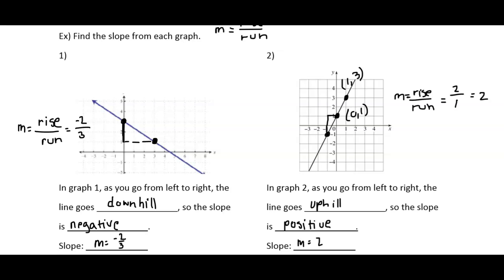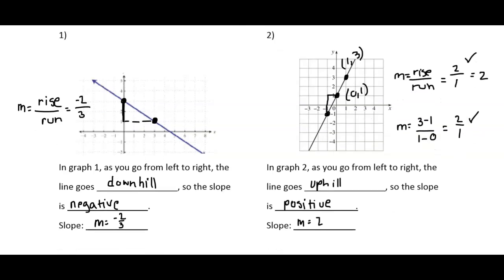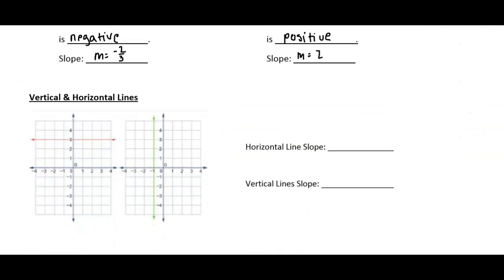You could do 3 minus 1 over 1 minus 0, and look what you get. You get the exact same. Okay? So that's just showing you. You can either pick your ordered pairs and do the formula, or you can just count it out and do rise over run.